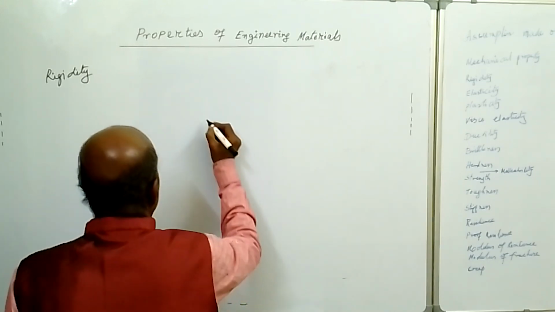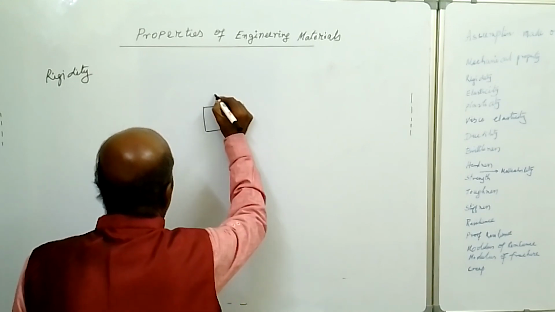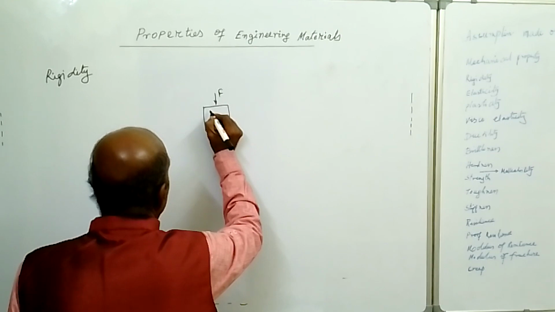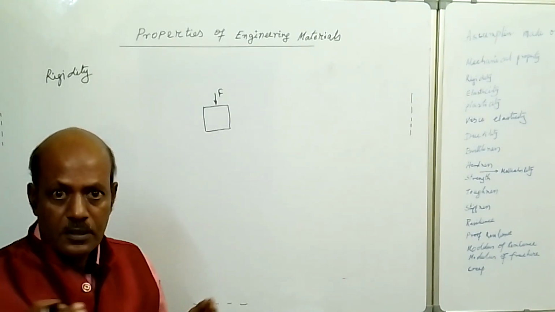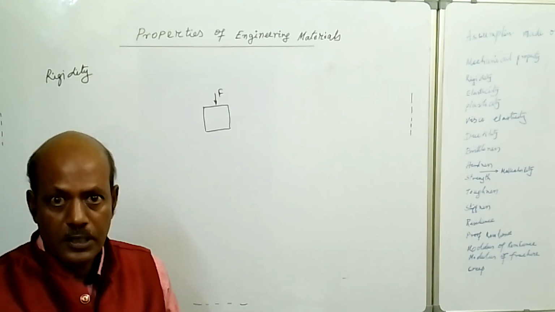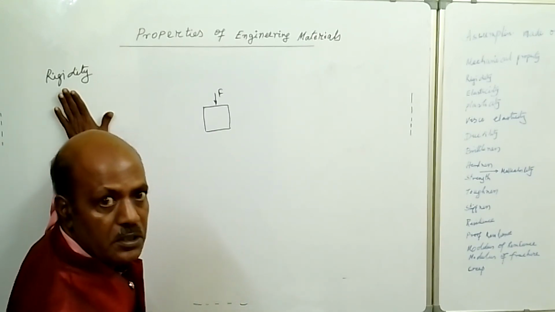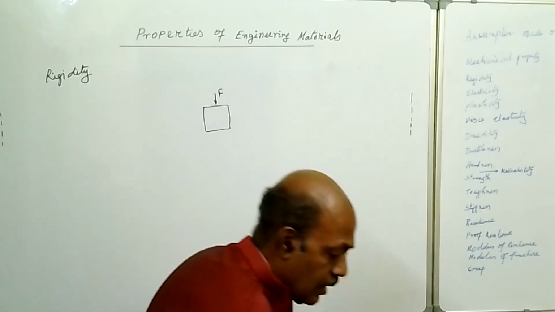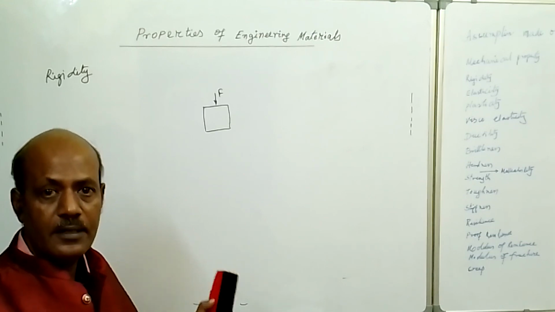That means if the body is loaded with a heavy load, say F, even then the body will not deform at all. The property by virtue of which the body will not deform at all is called rigidity. And this is the main concept considered in the engineering mechanics subject.